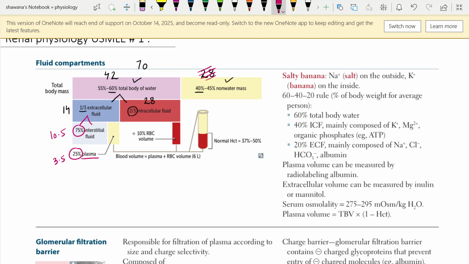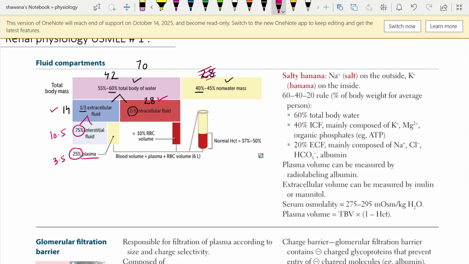Extracellular fluid means the fluid present in between the cells, in between the tissues, mainly the tissues. Intracellular means the fluid or water present inside the cell.